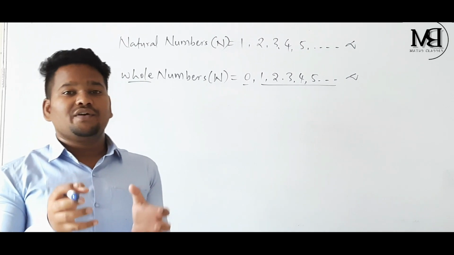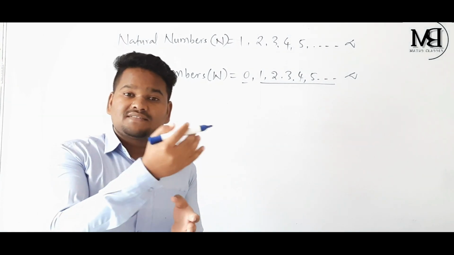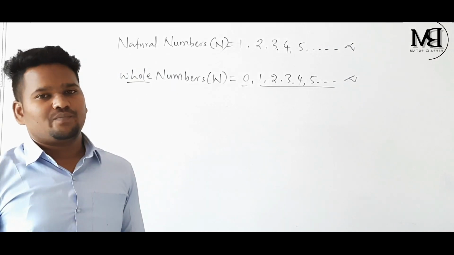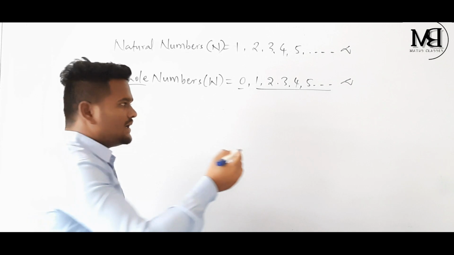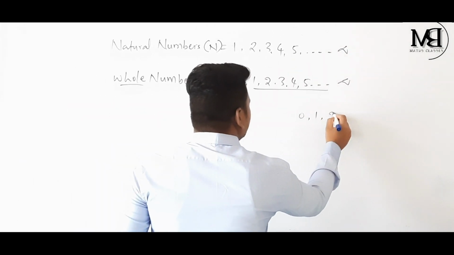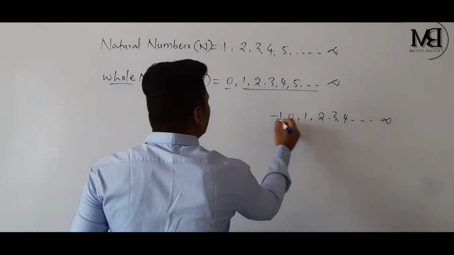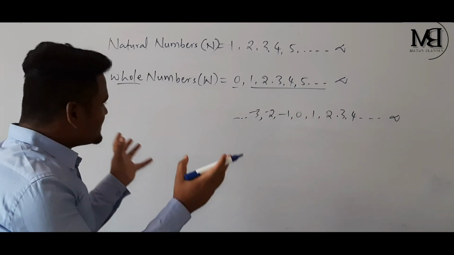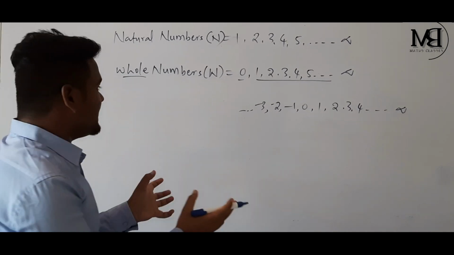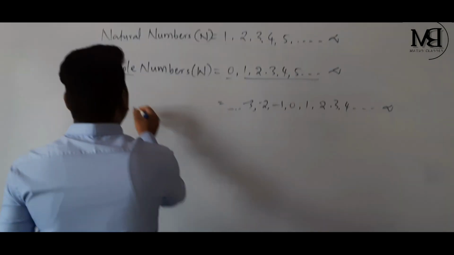Now we found negative numbers, which are less than 0, and added them to the set of whole numbers. To the set of whole numbers we have added negative numbers, and we gave a special name to this new set of numbers, that is integers.